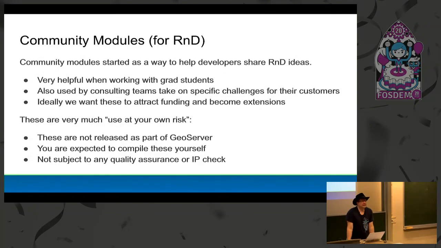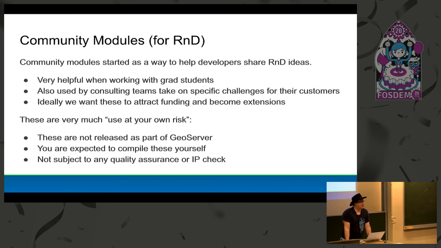We also have a scary kind of demilitarized zone called community modules. This dates from when we were hosted in Subversion, and so it was easier to give people a little community play area in order to support grad students and so on. Over time, we've actually found that consultants are working here.